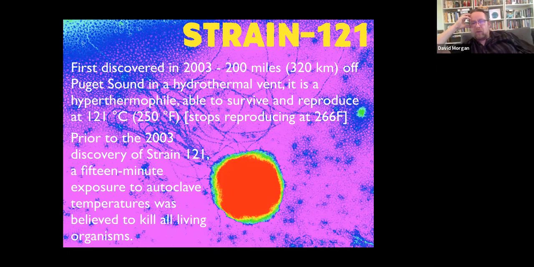Before strain 121 was discovered, we assumed that boiling water that had bacteria in it was enough to kill most bacteria, that most bacteria will be killed at 100 degrees Celsius. Strain 121 proves us wrong. It can actually survive quite a bit higher temperatures than that, higher than most surface-dwelling bacteria that we find on the Earth.